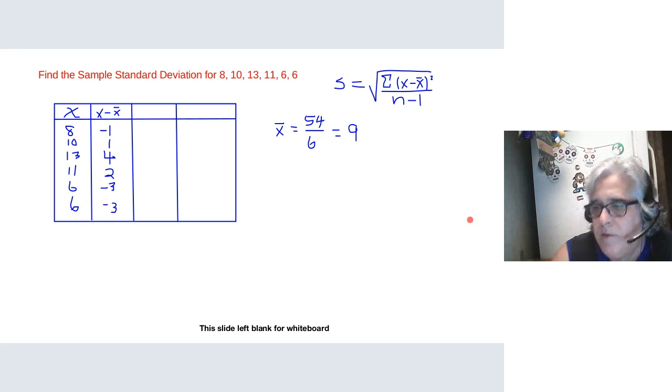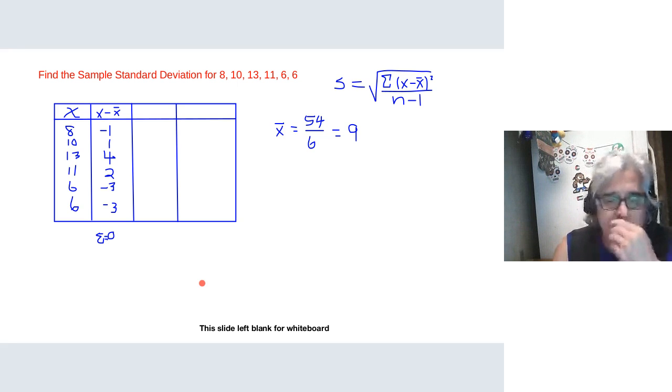And they do. You don't really need that for anything, but the sum of those should always be equal to 0 if everything has been done correctly up to that point.